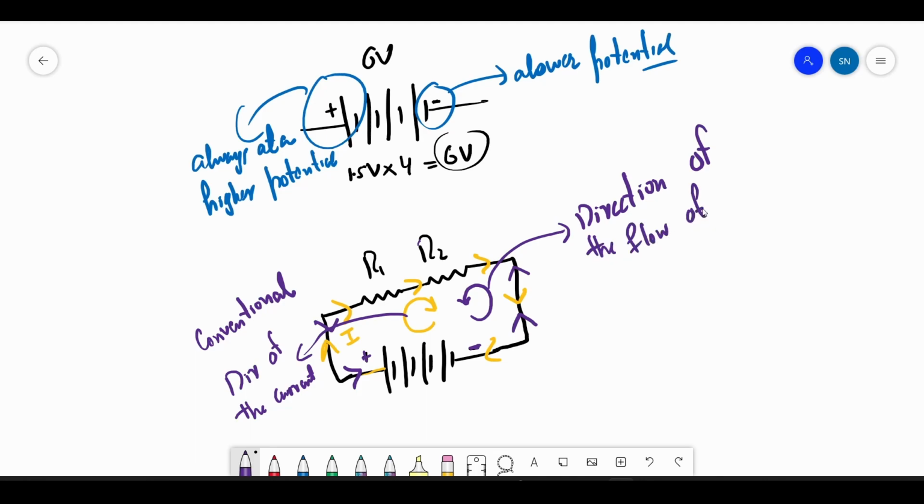I think there is some confusion. The conventional direction of current has been assigned because of some historical reasons. But actually the direction of flow of electrons is opposite, but it is not going to change anything.